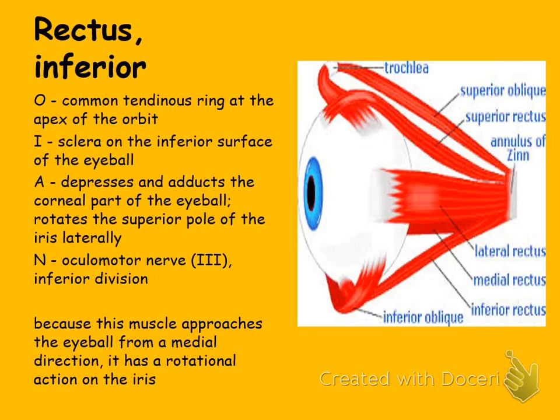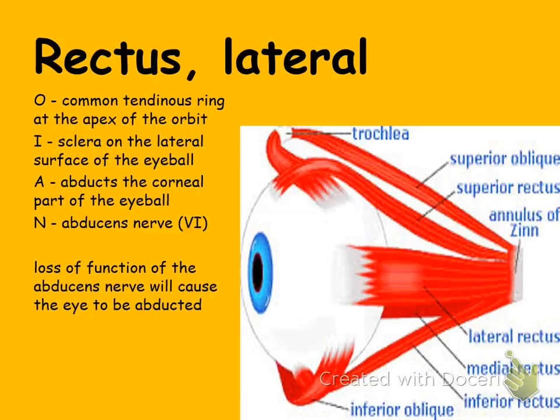That's inferior. We have the rectus lateralis that moves the eye laterally. It originates on that common tendon again, and it inserts on the lateral side of the sclera of your eye, so it pulls your eye sideways.